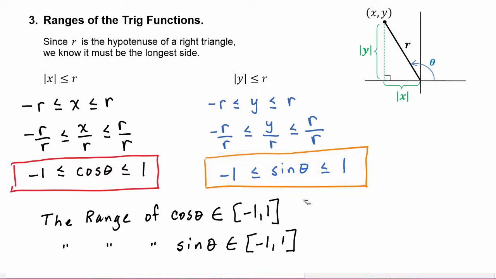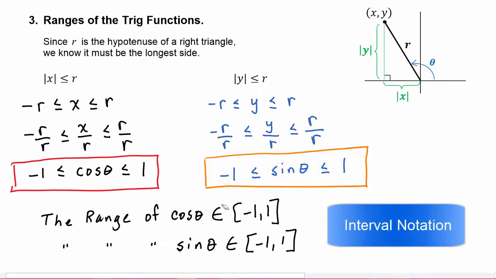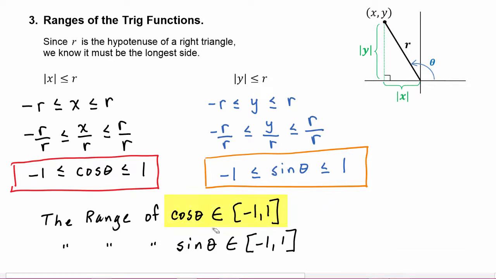And this, of course, is using interval notation. This stands for is an element of the set, and this is a shorthand way of writing. So we say cosine theta is an element of the set negative 1 to 1, sine theta is an element of the set negative 1 to 1. That's their ranges.